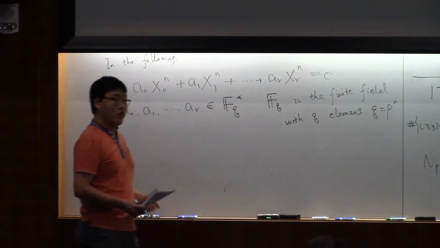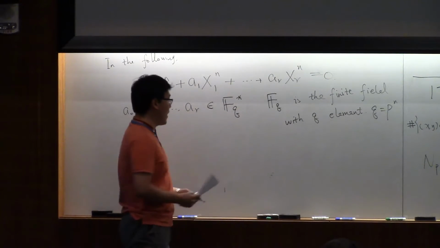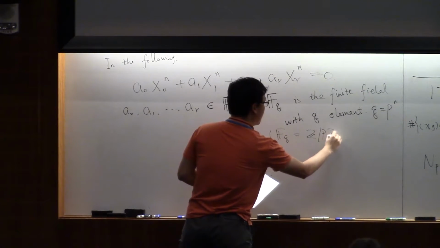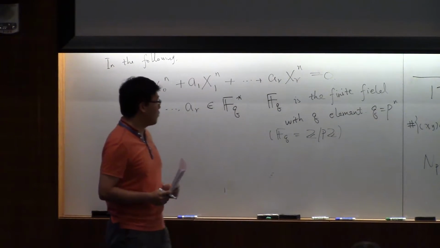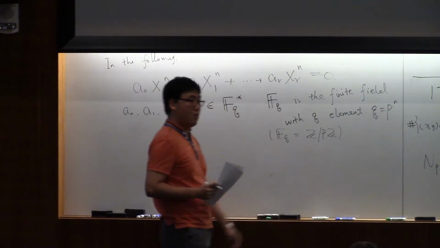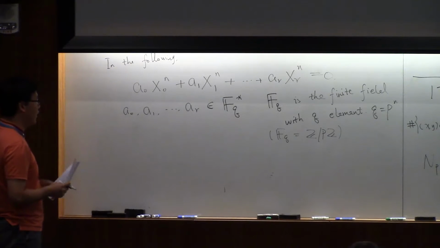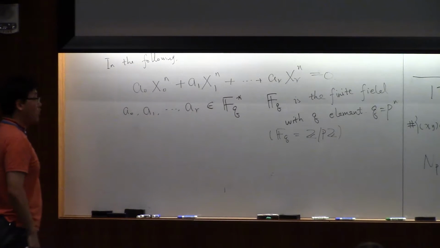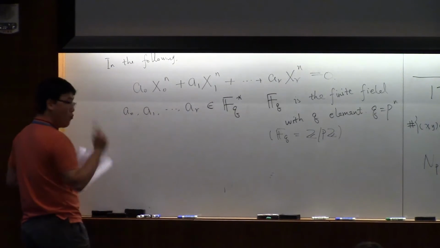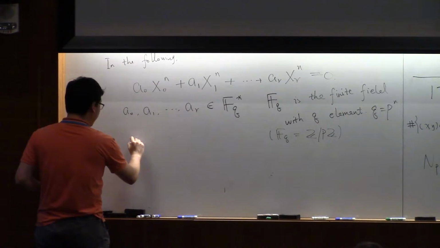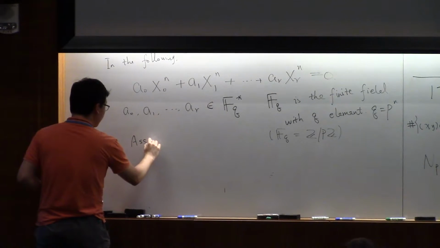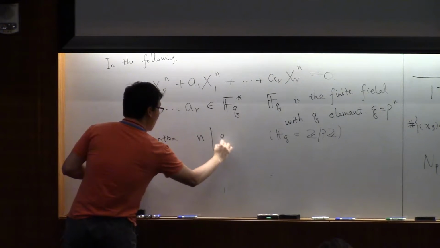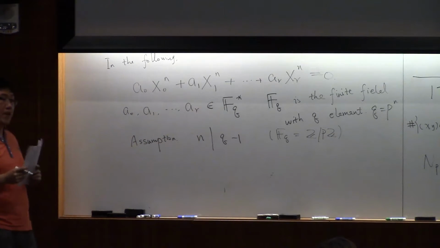If you do not know much about finite fields, you can just think of Fq as the prime field Z mod pZ. You will not lose anything until the end of today's lecture, when I define the zeta function of a projective variety. So here I have such a homogeneous polynomial. I make one more assumption: n divides the number q minus 1.